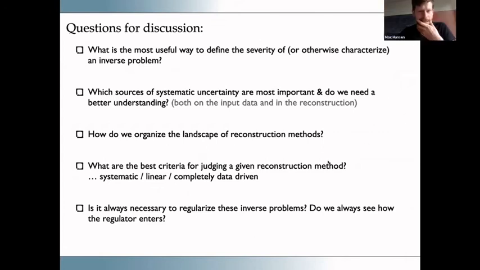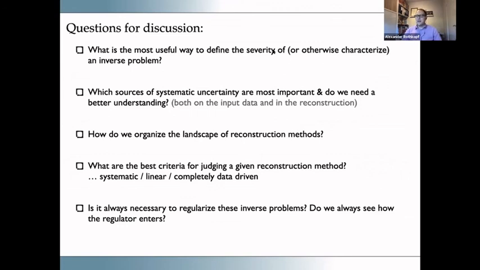Yeah, go ahead, Alexander. So, one of the things that has been recurring, sorry for the noise in the background, is we are usually dealing with linear transformations, and they might look innocuous like a cosine transform, where at first sight the severity of the inverse problem might not at all be obvious.